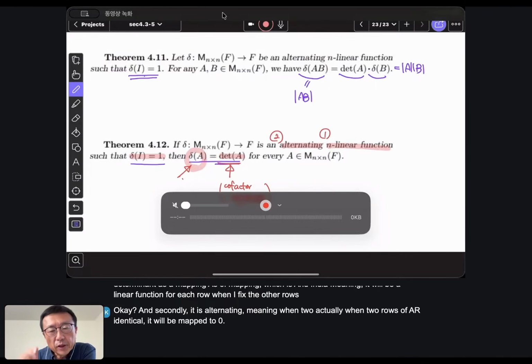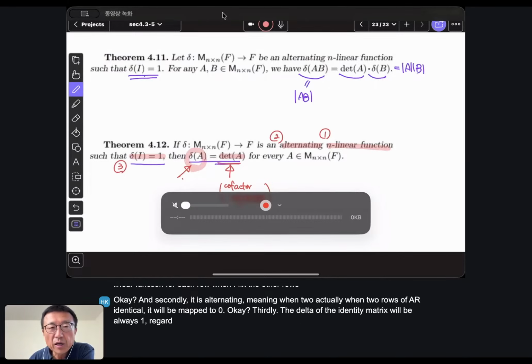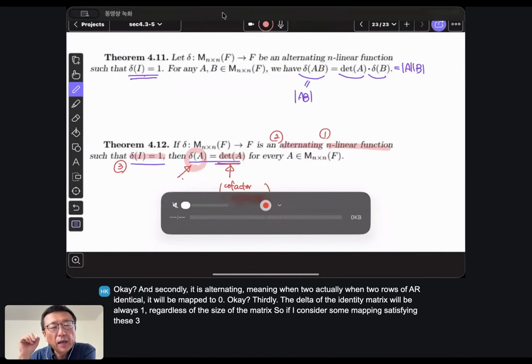Thirdly, the determinant of the identity matrix will always be 1 regardless of the size of the matrix. So if I consider some mapping satisfying these three properties, then the determinant is the only function satisfying those three properties.